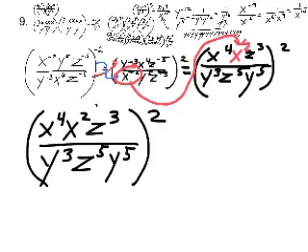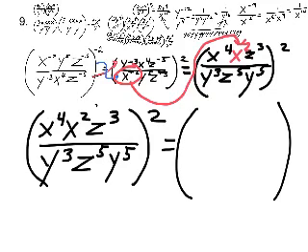Now we're going to consolidate the ones we have on top and on the bottom. You're not going to get a problem like this. Don't worry about it. I just wanted you to see this.